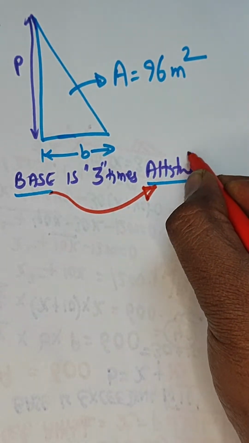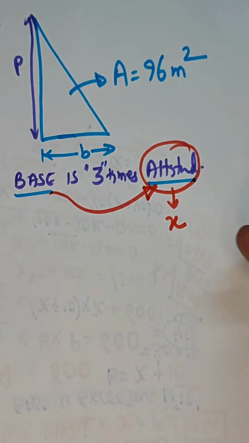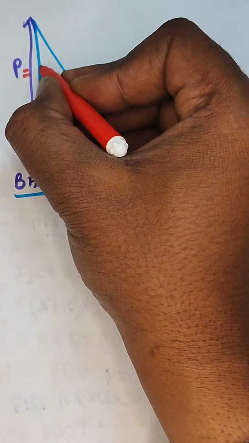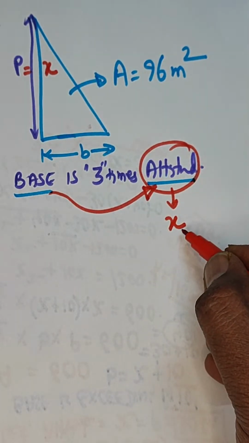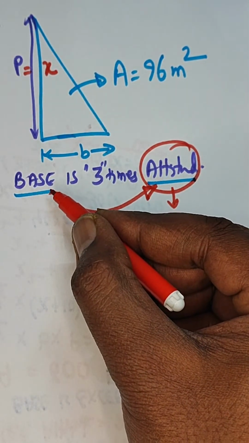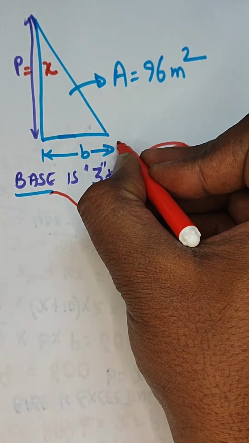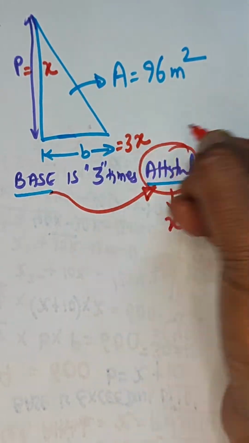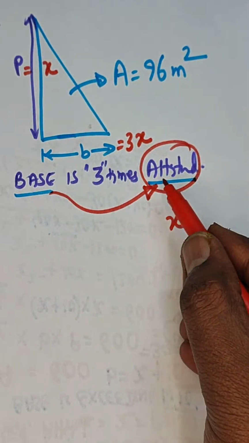So we need to assume for the altitude. Let us assume the altitude as equal to x, right? If this is assumed as x, then what is the base? Base is 3 times the altitude. Then this b can be written as 3 times x, isn't it? Because this is the relation given to you, right? Base is 3 times the altitude.